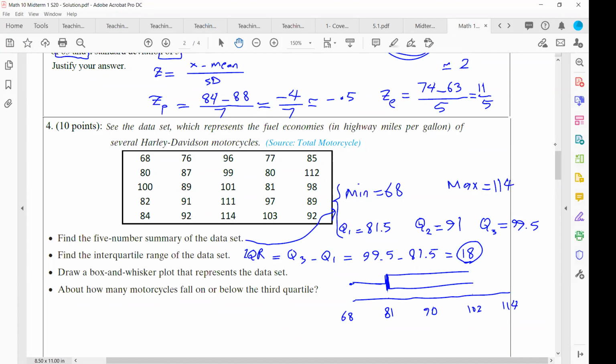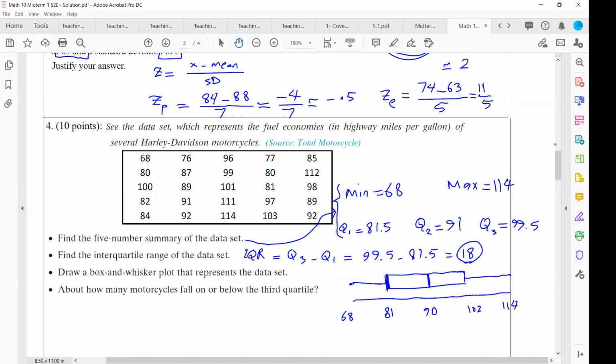Then the last quartile is 99.5. So let us stop here. Then we continue the whisker. And our second quartile shows the median, which is 91. This is our graph.